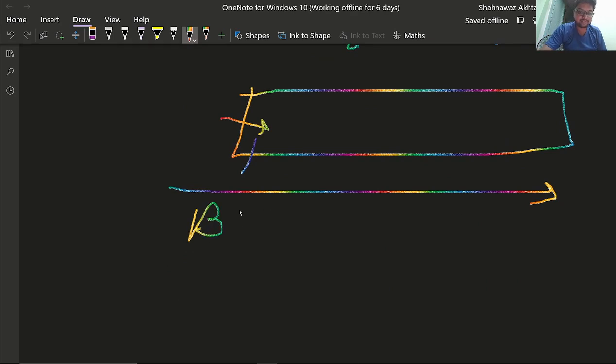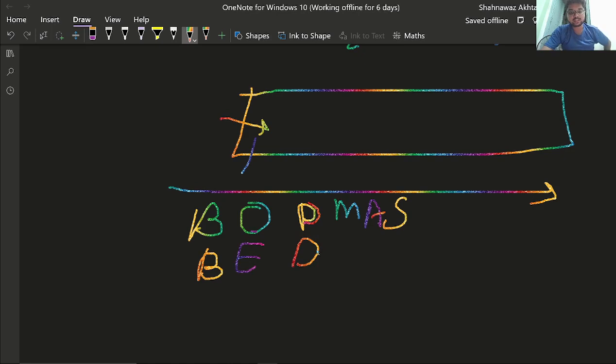Please remember, you have learned BODMAS in mathematics. So from that, please remember BEDMAS. Only change this, and the whole expression will be the same. So what is B? B means bracket. Then what is E? E means exponent, exponential value.